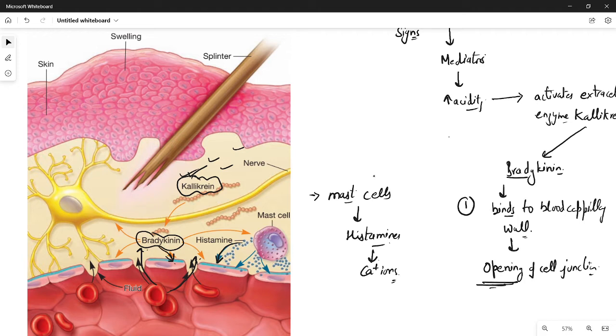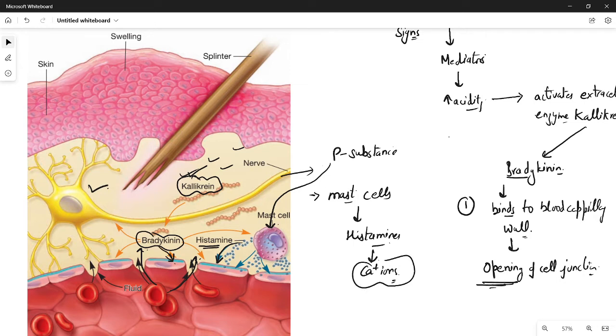If the nerves in that area are damaged during the tissue injury, they release a substance called substance P. Substance P binds to the mast cells and again releases more histamines, which again allow the influx of calcium ions.